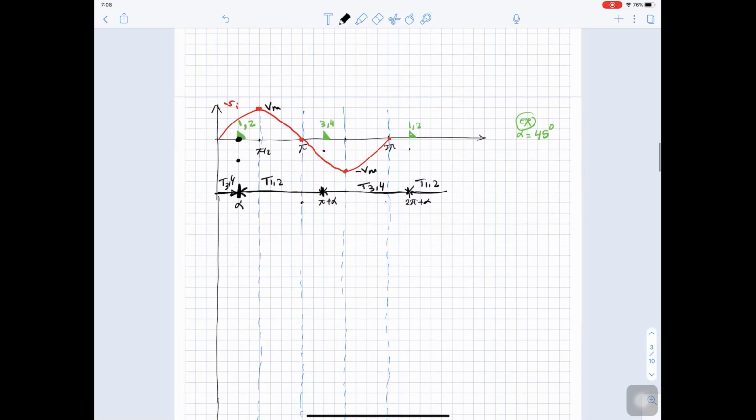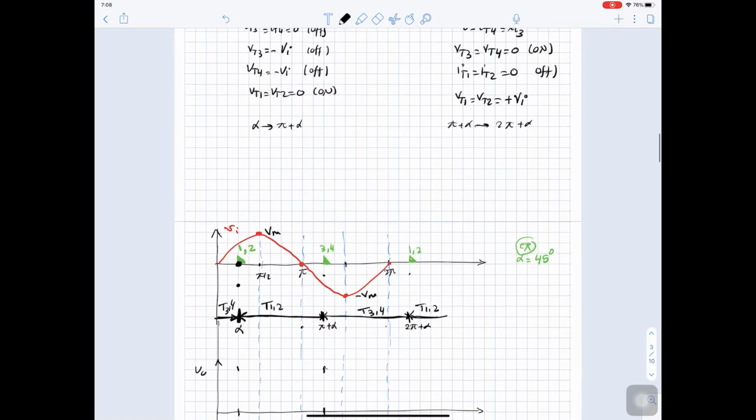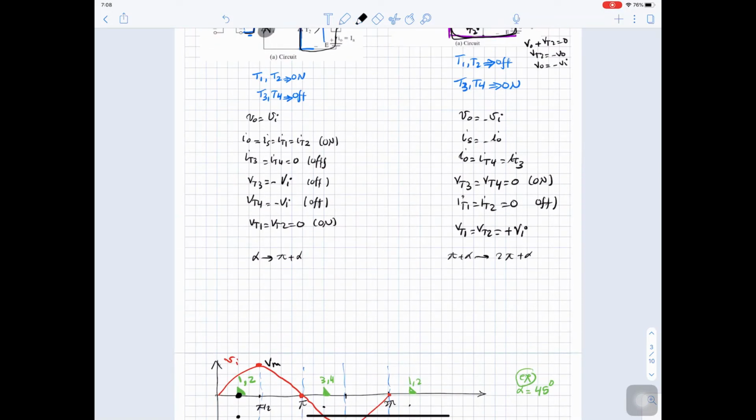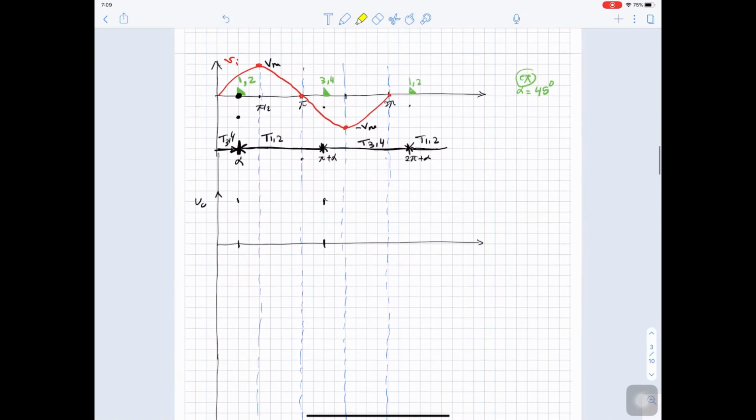So let's sketch V out first. From alpha up to pi plus alpha, 1 and 2 are conducting. So from this point to this point, according to the equation here, V out equals Vn. So here we will sketch V out as Vn.